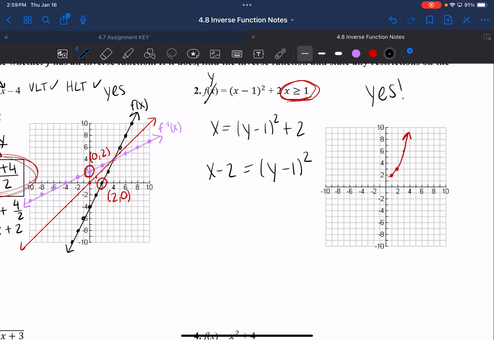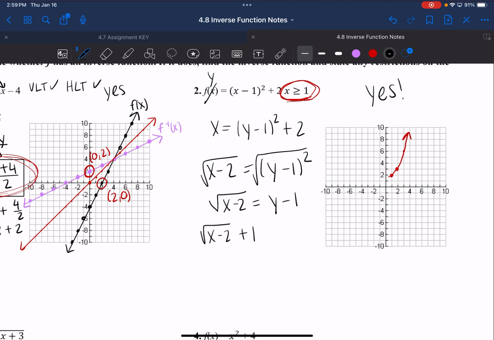Then what? Now we take the square root. So we have the square root of x minus 2 is equal to y minus 1. Then what do we do? Add the 1. So square root of x minus 2, that plus 1 is not under the square root, right?